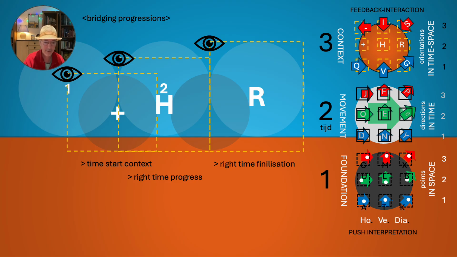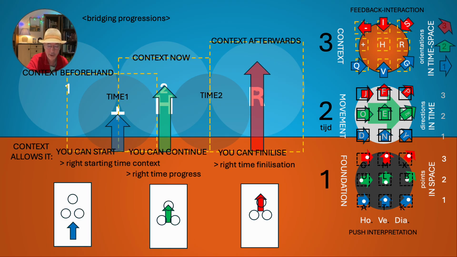So the positive is the time start context, the H, the right time to progress, and the R, the right time to finalize, are somewhat framed there in my focus. It's about focuses, so how you express it might have some variations as well. So don't see that with some overestimation of what it is.